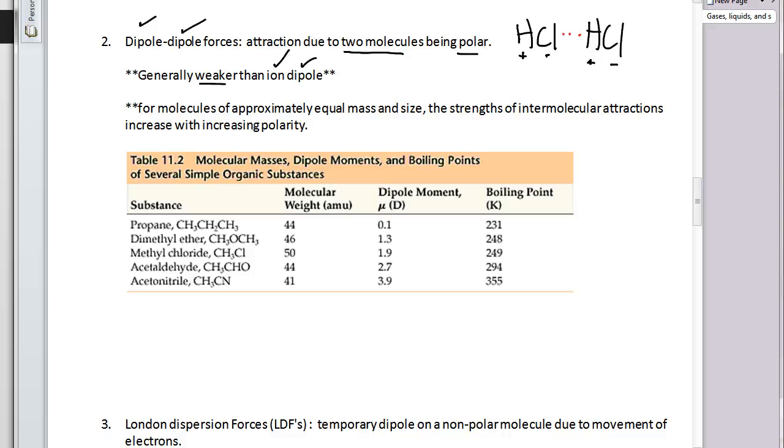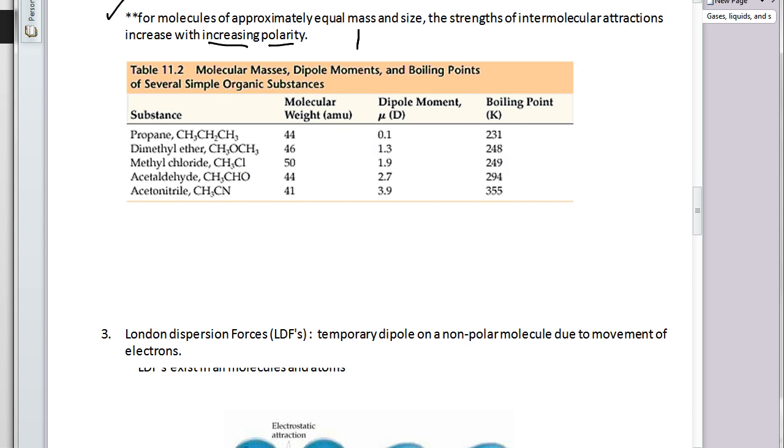Something important to mention here is that for molecules with about equal mass and size, the strength of the intermolecular attractions increases with increasing polarity. So the more polar you are, the more attractive you are to other polar molecules. There's an interesting data table here, and I'm going to focus on the first substance, propane, and the last substance, acetonitrile.